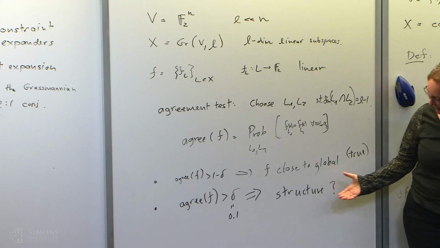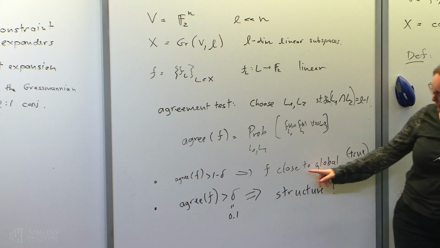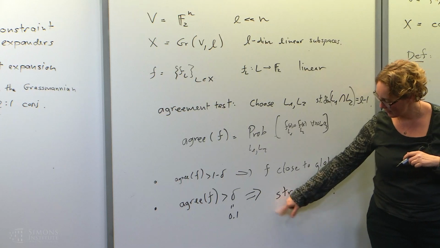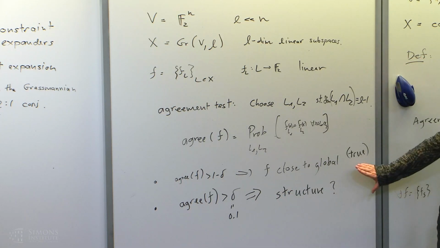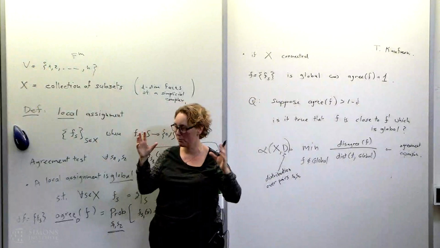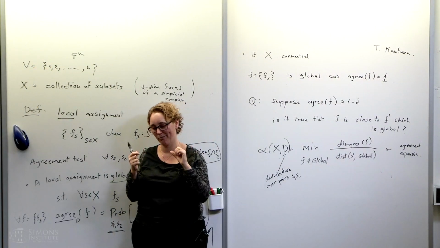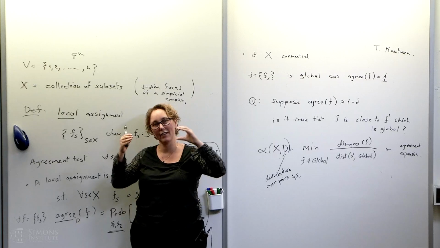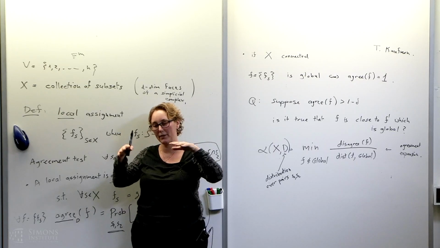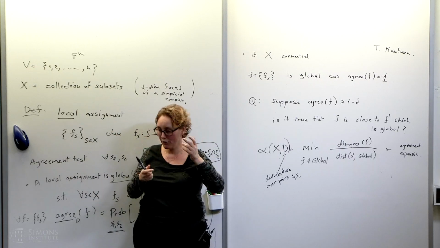There is something interesting here to try to understand, what kind of structure you can expect. And this has to do with the structure of the links of this. This is not a simplicial complex, this collection of subspaces. But still, it's ranked, it's like a collection of subspaces of increasing dimensions, and they have relations with each other.